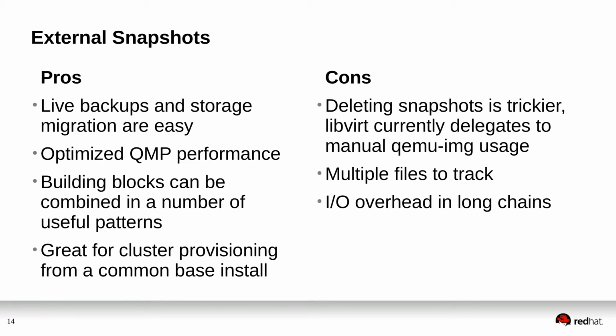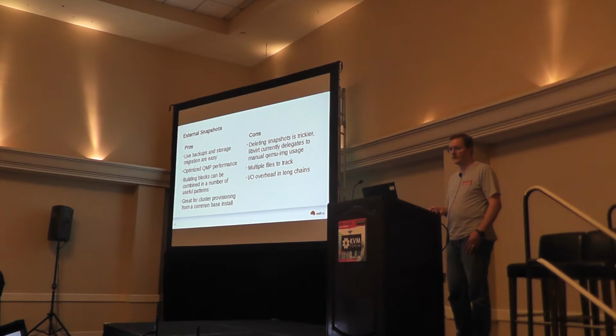On the other hand, for external snapshots, we have a lot of development, a lot of new features, and we're continuing to develop new features. Some of the other talks in this presentation have mentioned those as well. Live backup is easy to do. Storage migration is possible. Building blocks: we've focused on trying to isolate things down into the smallest pieces possible rather than doing five things in one command, have five separate commands, and then the application can combine them how it sees fit.